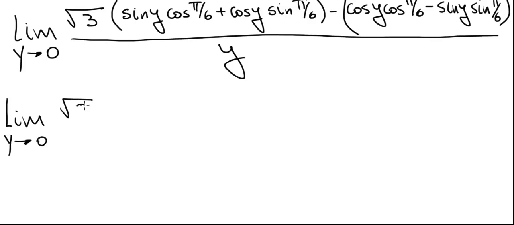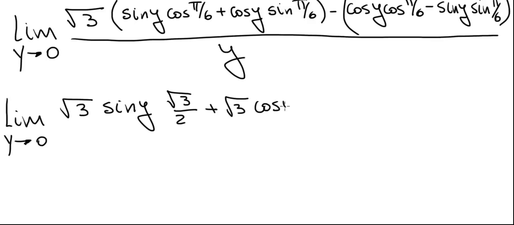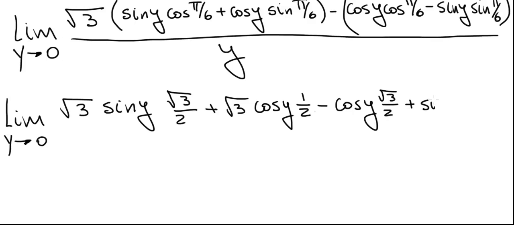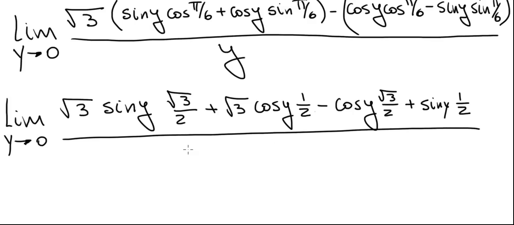We have square root of 3 times sine of y times cosine of pi over 6, so that's square root of 3 over 2, plus square root of 3 times cosine of y times sine of pi over 6, that's 1/2, minus cosine of y times cosine of pi over 6, that is square root of 3 over 2, minus a minus plus sine y times sine of pi over 6, which is 1/2, and this is divided by y.